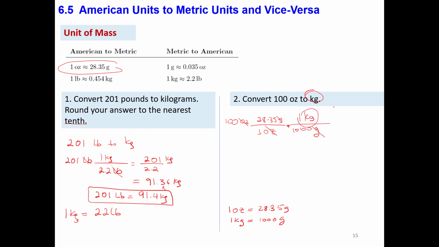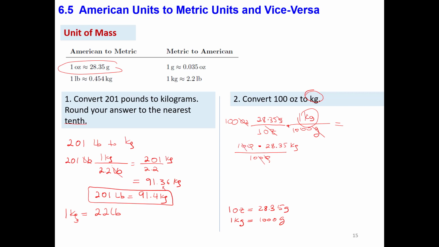Then what we had here is what we had on top. We had 100 times 28.35 kilograms, divided by 1,000. Remember, we can cancel out these zeros.